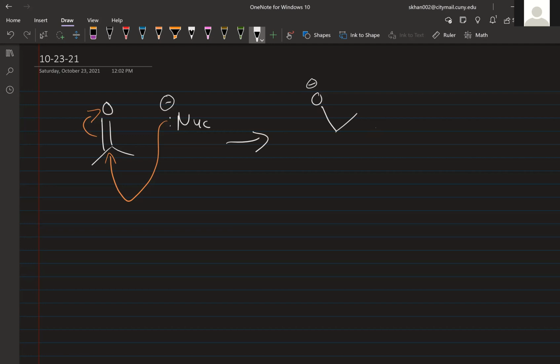But in this case, since I just have a strong nucleophile, it's probably okay to have O minus. We have our two groups here. We can call these R groups as well, so R can be H, R can be two alkyl groups, it could be whatever, right? And then some sort of workup. So I'll just say H plus, and that gives you the alcohol plus your nucleophile, etc.